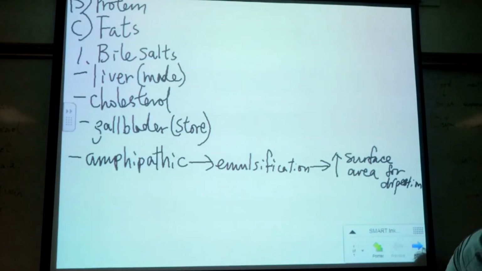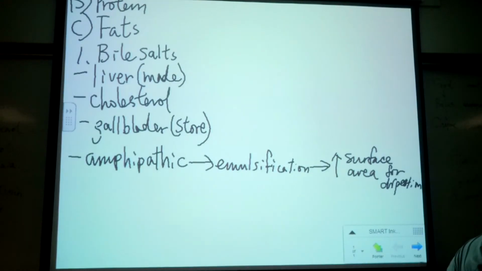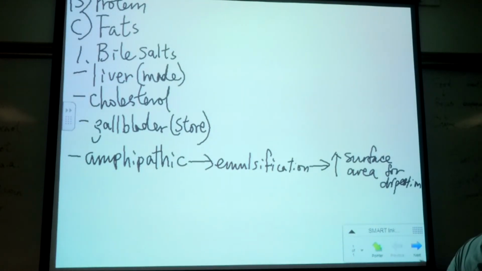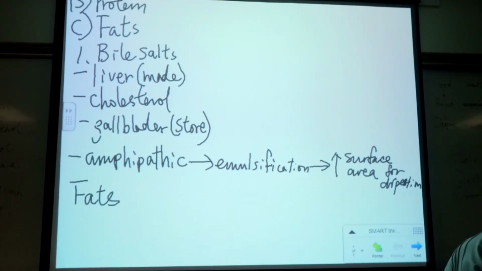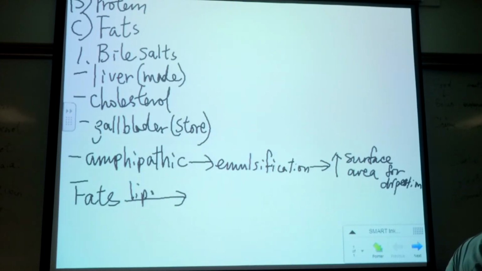So here we have the fat. Let me see if I can finish the pathway here. Fat will be digested by lipase through hydrolysis.